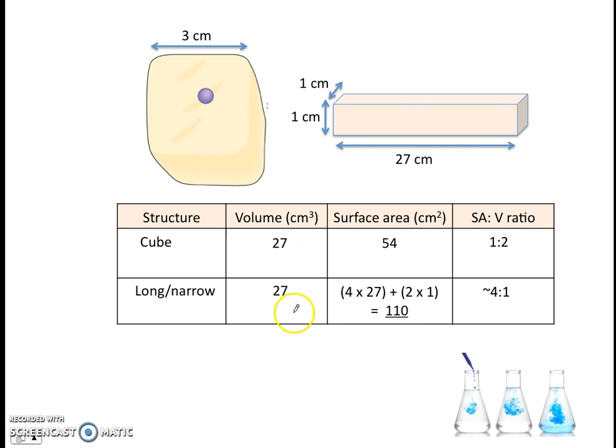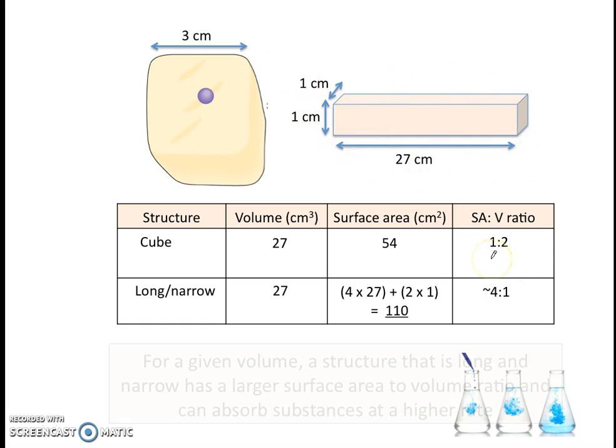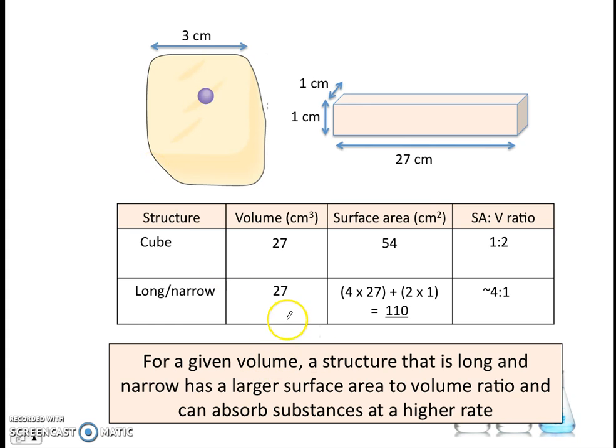So the volume is exactly the same, but the surface area to volume ratio of this long narrow cell is much higher. So we can say that for a given volume, in this case 27, the structure that is long and narrow has a larger surface area to volume ratio, and it can absorb substances at a higher rate.